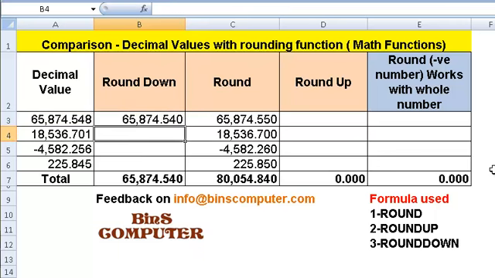See, the number is rounded down to 2 decimals. Here we have .548, which is 3 decimal values. Here we are rounding down to 2 decimal values, so 2 decimal values is here .54. The 8 is ignored in rounding down.